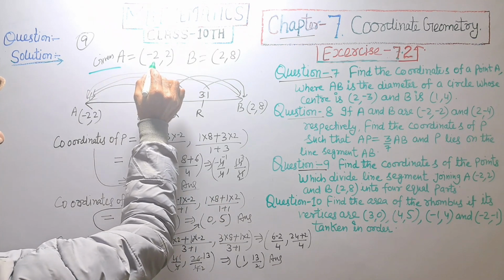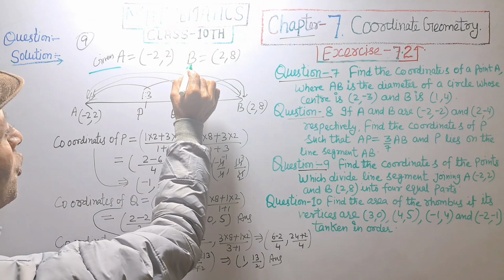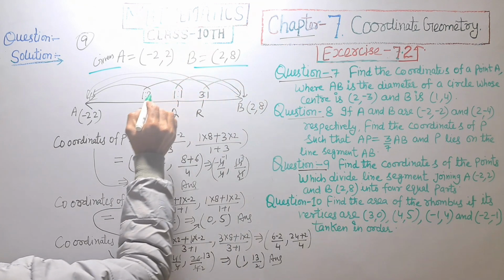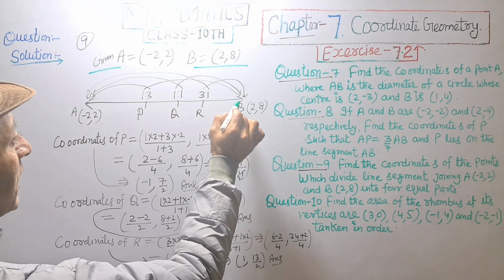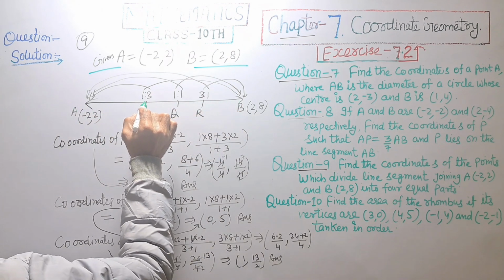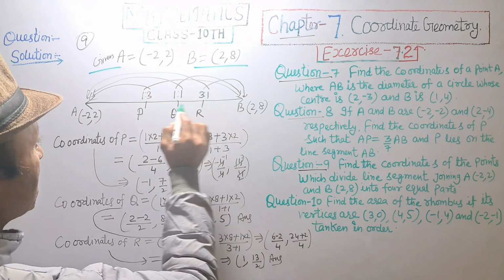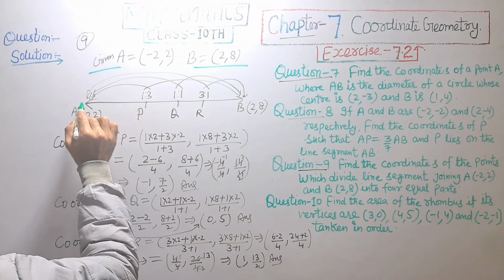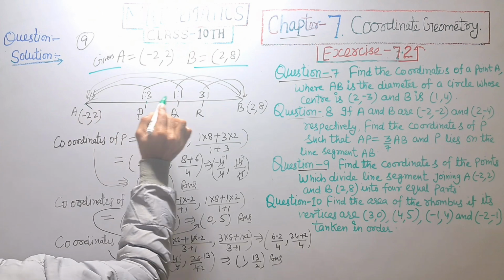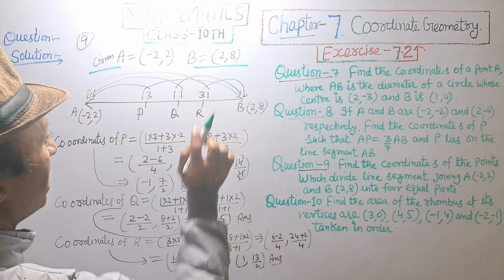We are given A is (-2, 2), B is (2, 8), and we draw a line AB divided into 4 equal parts, P, Q, R: AP, PQ, QR, RB.